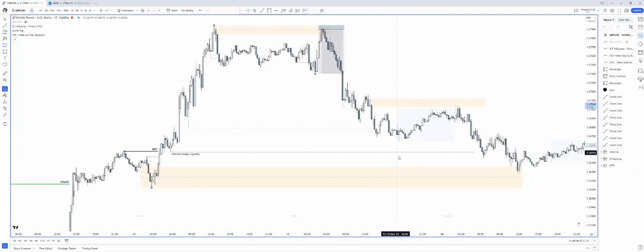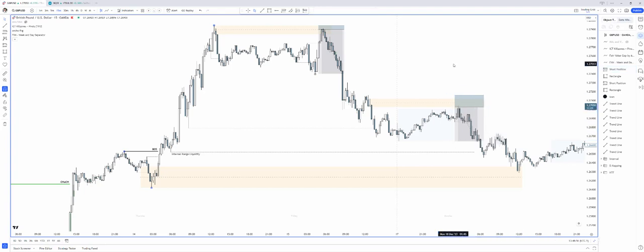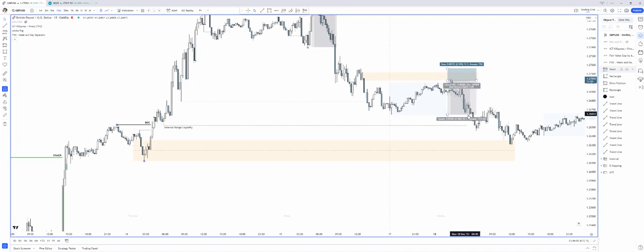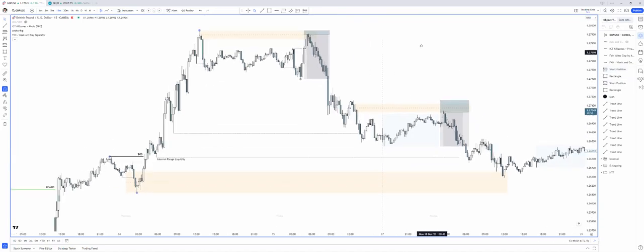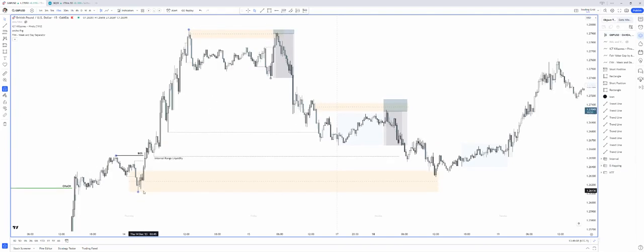You can target the Asian low from here to here. Not too interesting. It seems just a 3R. And by the way, I didn't take this trade. I took this trade.